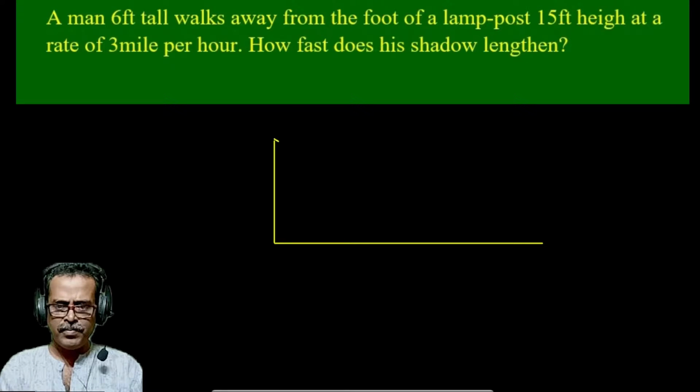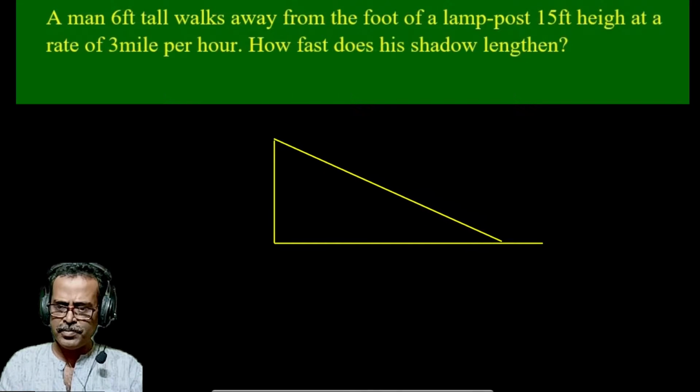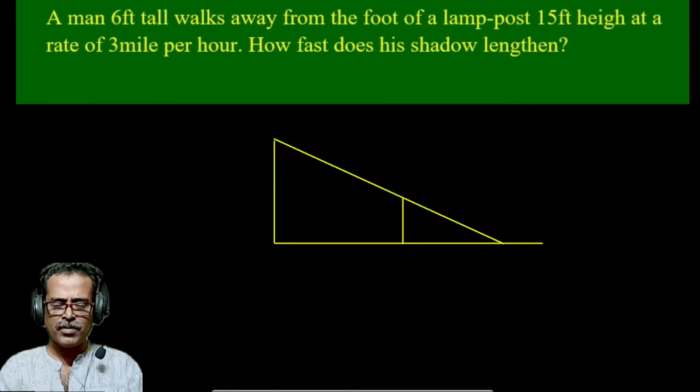Now suppose this is the man standing in front of the lamppost. Light is coming from this point and the shadow will be this.